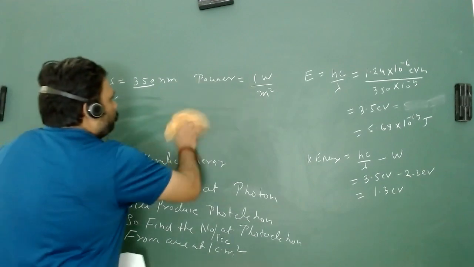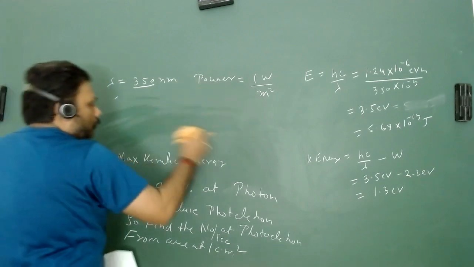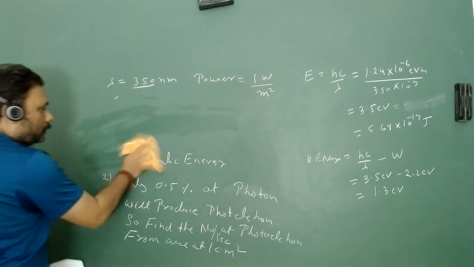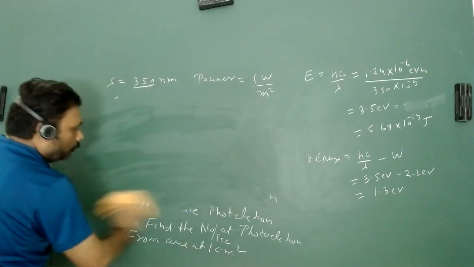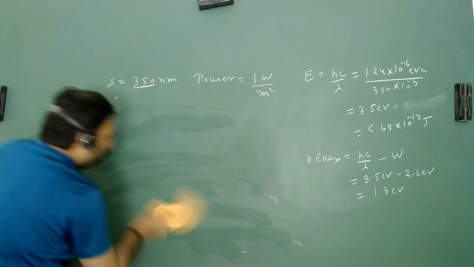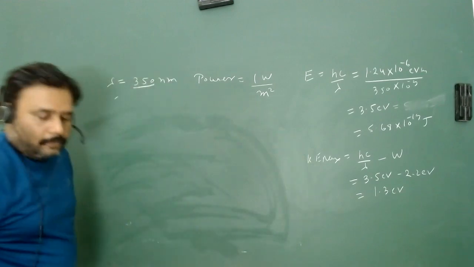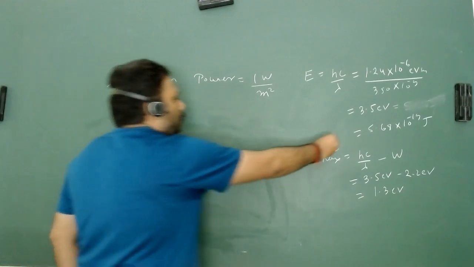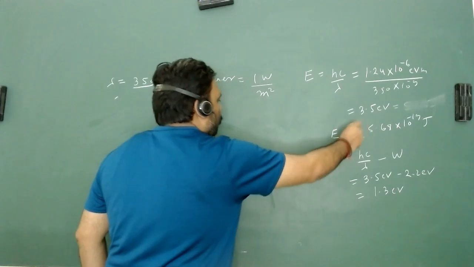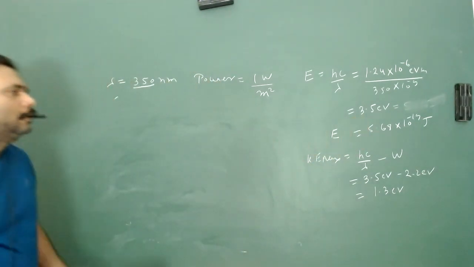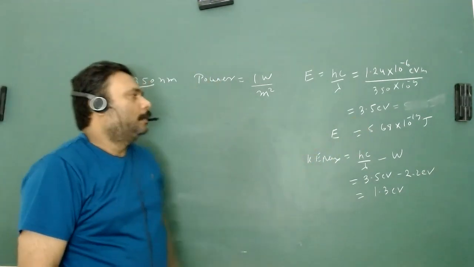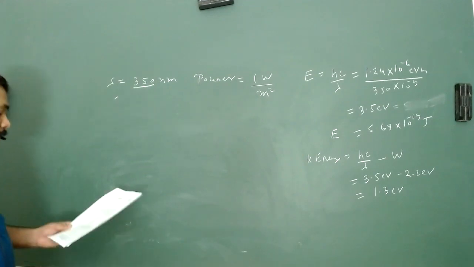So let's try to calculate it. We have the power, so we will use all this information of power. The energy of a single photon is 5.68 into 10 to the power minus 19 joule.